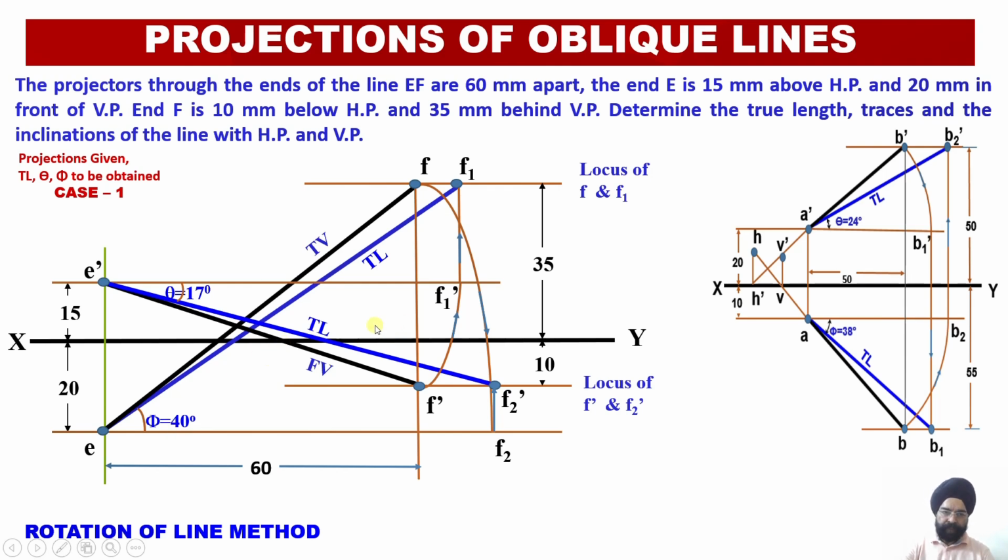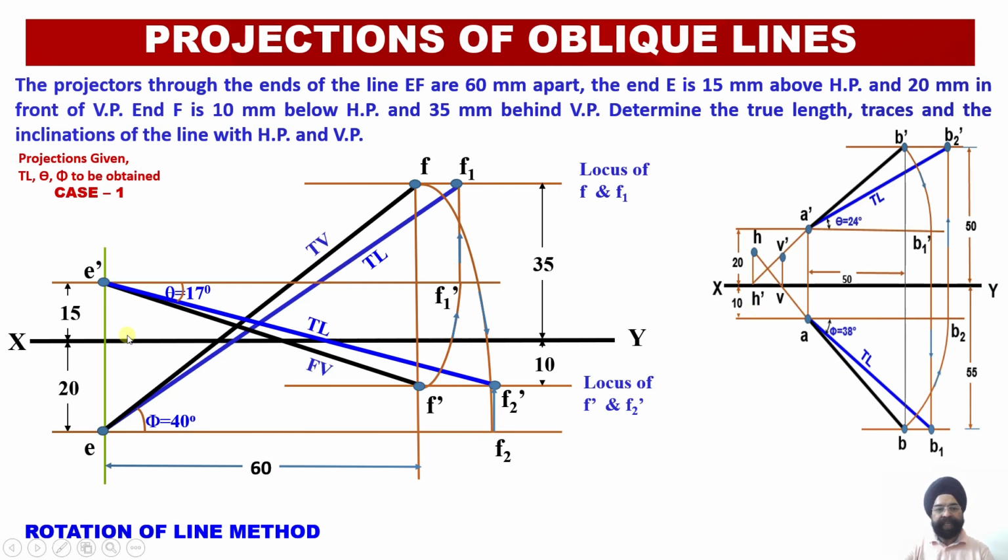Now please check, in the earlier cases we had to extend our projection lines A dash B dash and AB to obtain the traces. Why? Because these projection lines A dash B dash and AB were never intersecting with the XY line.